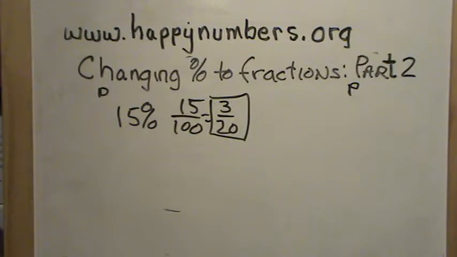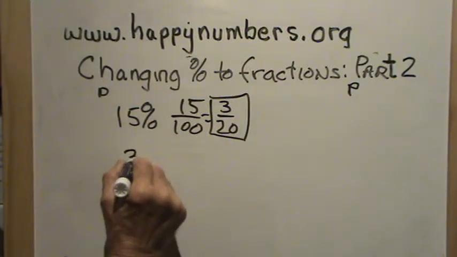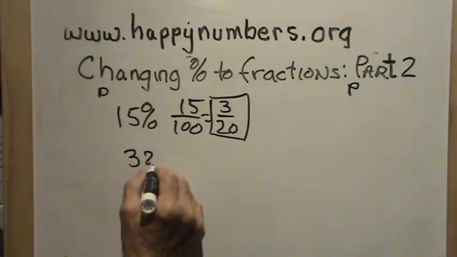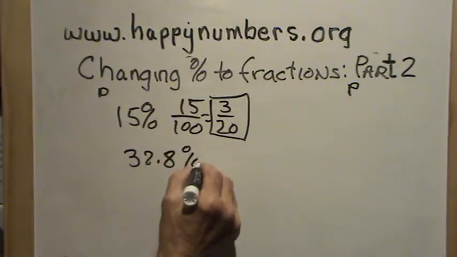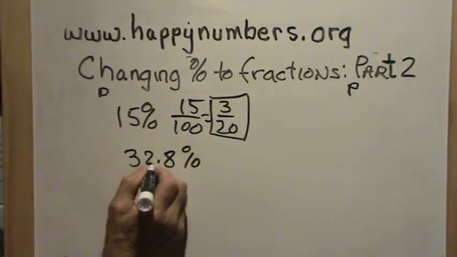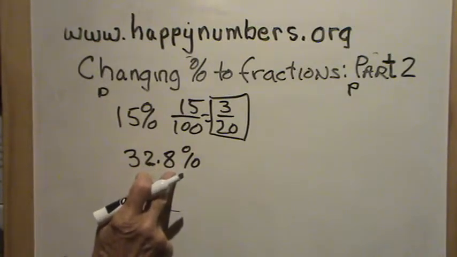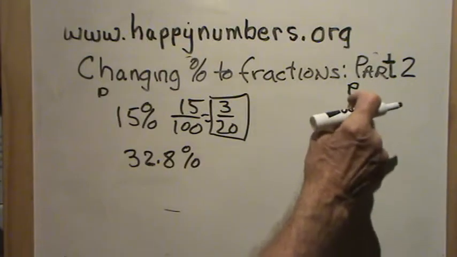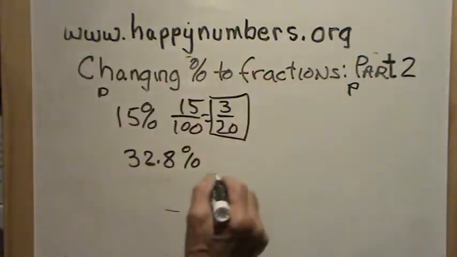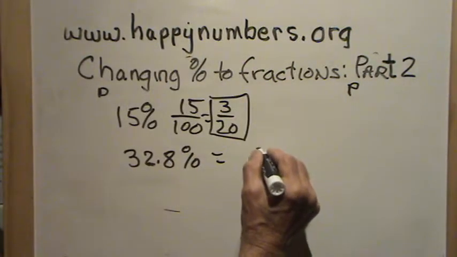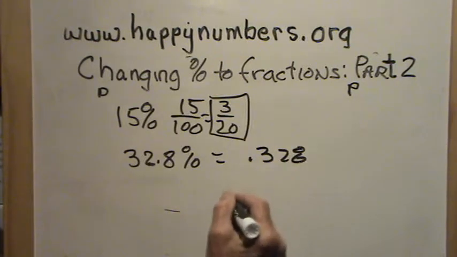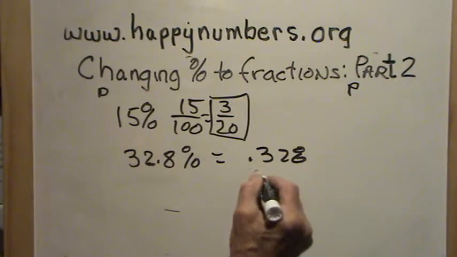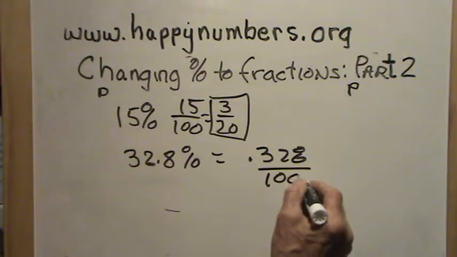Let's take a look at the example that we used, 32 8/10%. Well, we have to change this percent into a decimal. We're going from percent to decimal 2 places this way. So this becomes 328, and then we make this a fraction, so it'll be 328 thousandths.